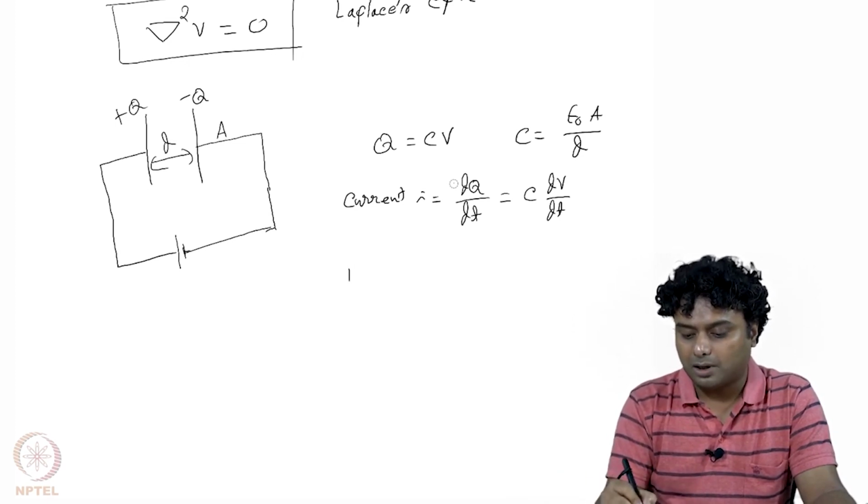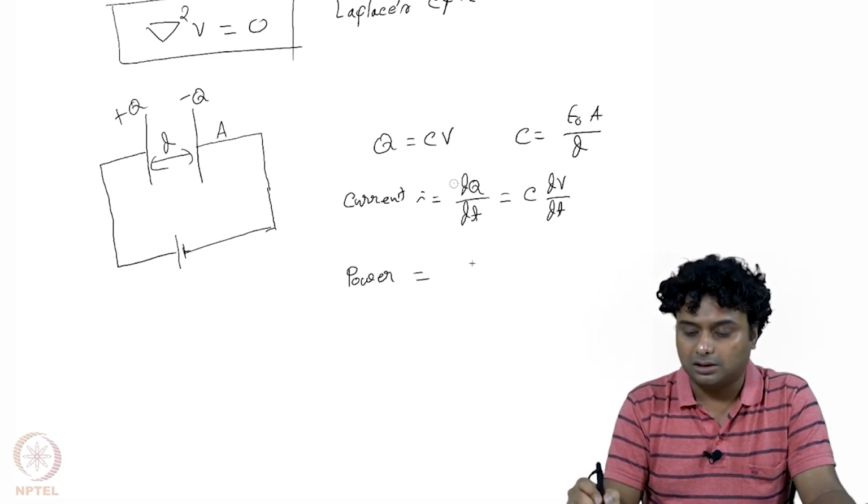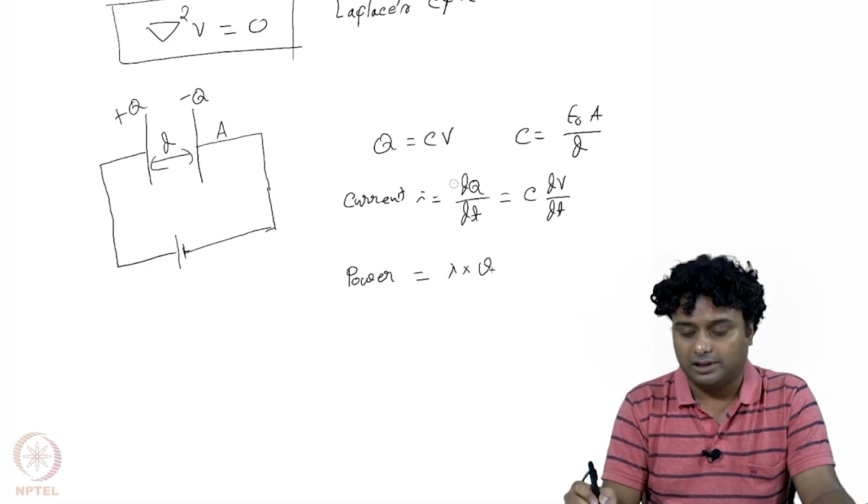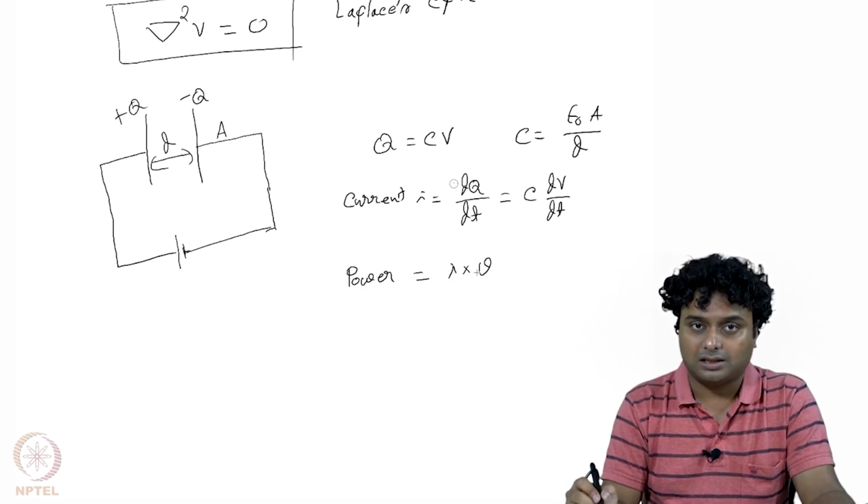Now, what is power? Power is equal to voltage into current, that is power at any point t is equal to I into V, where I is current and V is voltage. Now this V and this I are not constant, because as the charge flows, the potential will also build up slowly.